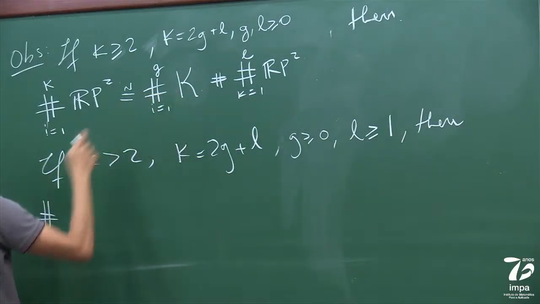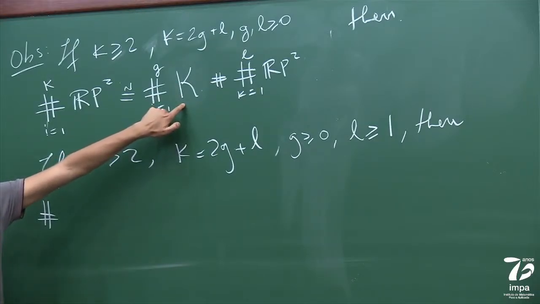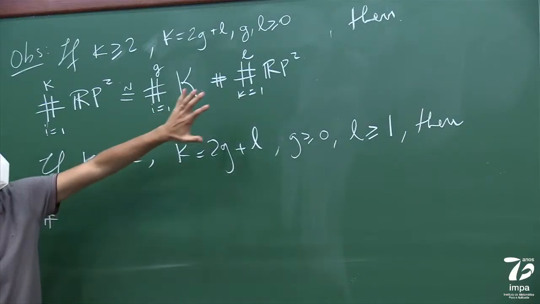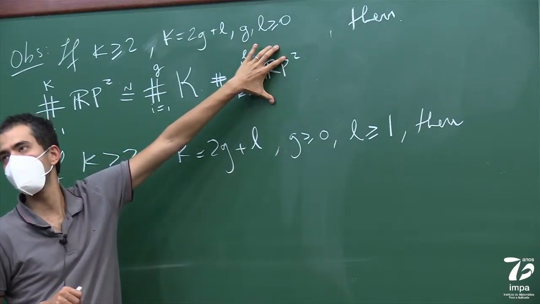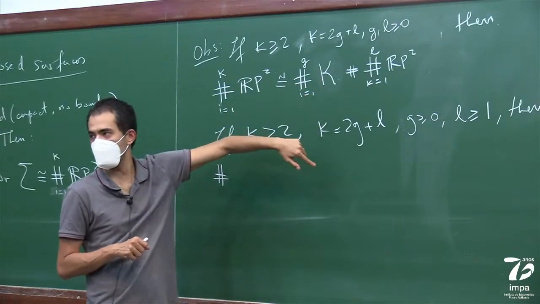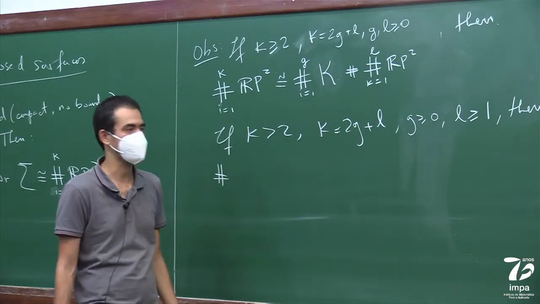This guy here happens to be the same. You can replace each Klein bottle with a torus. But the point is that you can only do that if you still have an RP2 there. Because if this term here doesn't exist, then if you replace with tori, you get something orientable. That doesn't make sense. It's not possible.